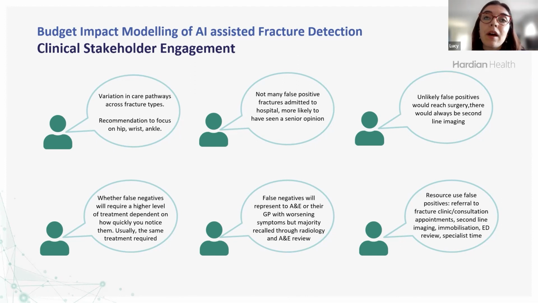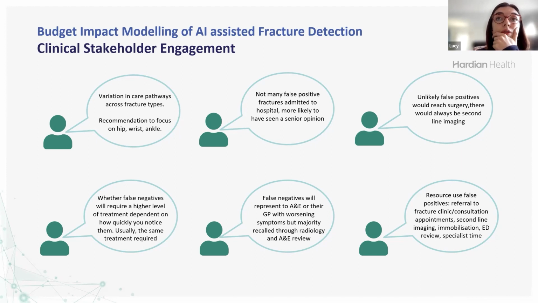And then on the point of population, the main piece of feedback we had from the KOLs was that trying to capture the value of the technology in all fractures below the neck was unrealistic because of the variation in care pathways associated with all the different fractures that you could identify below the neck.